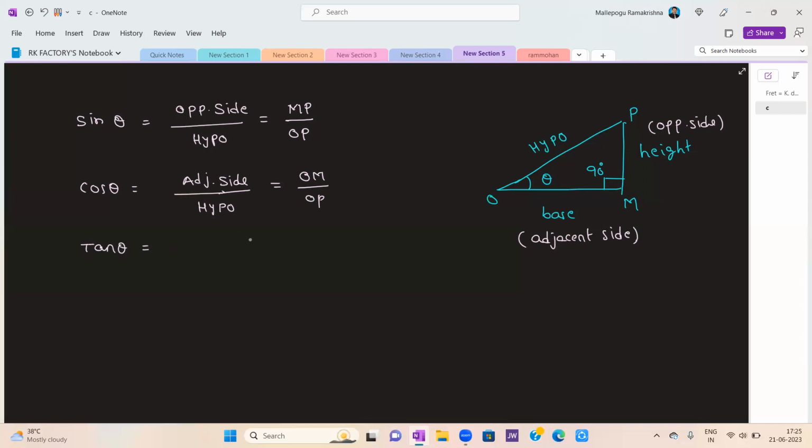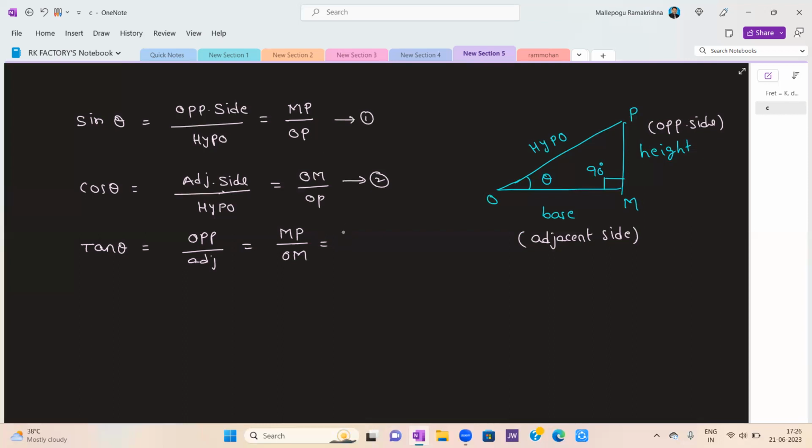Then tan theta is equal to opposite by adjacent. Then opposite is MP, adjacent is OM. And from the previous values, sine theta and cos theta, can we get any relations?